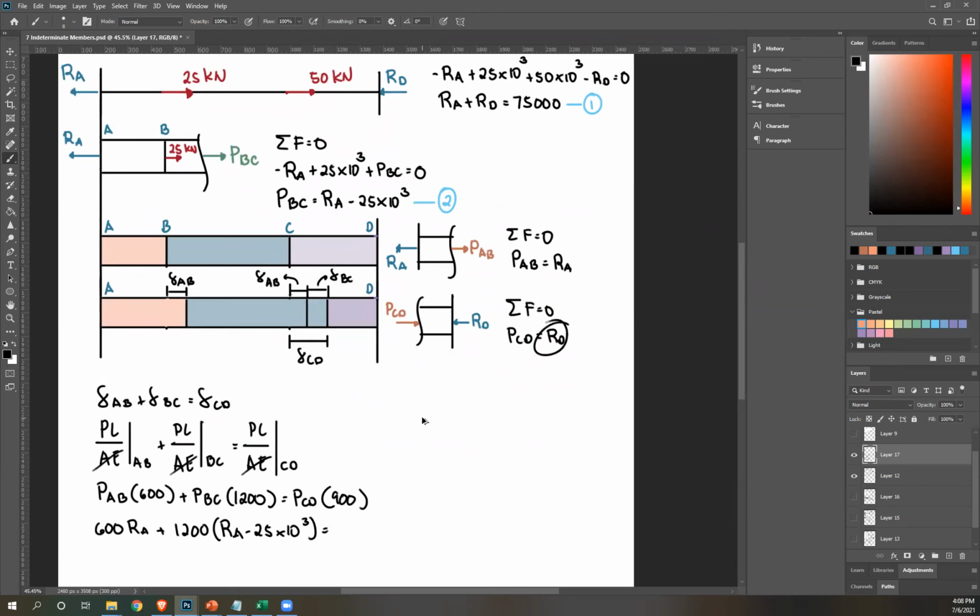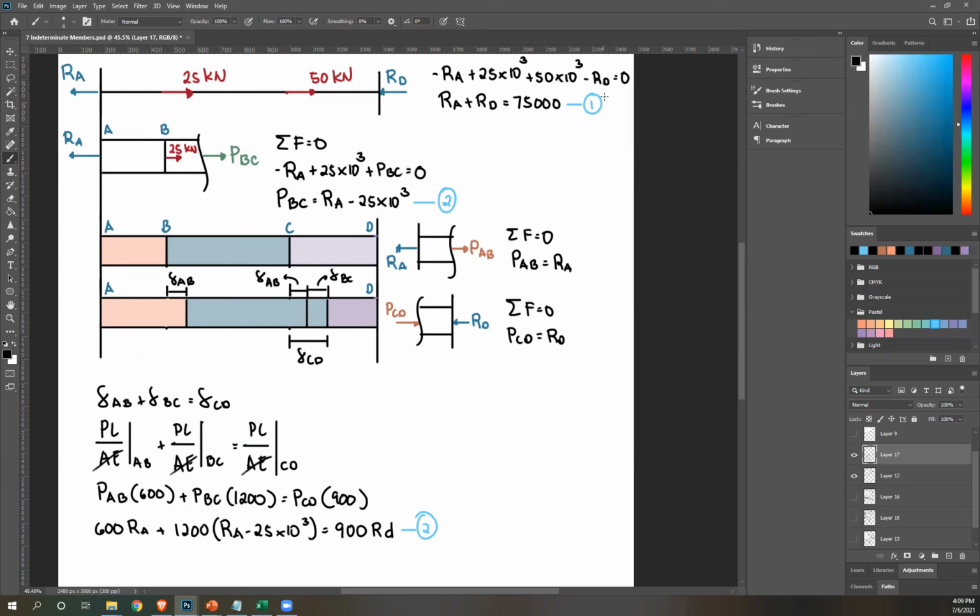Equals what's PCD, RD. Then 900 RD. Now you might be wondering why, since I'm looking for PBC, why did I convert it to RA? Because if I didn't, we'd have 3 unknowns still. But now we just have 2, RA and RD. And now we can call this equation 2.